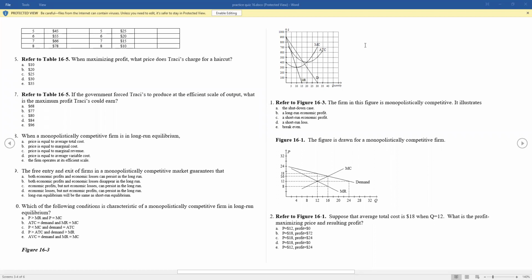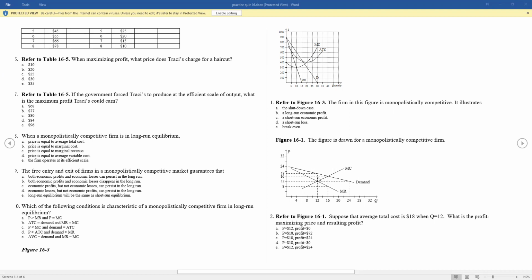All right, then the next one is figure 16.1. The firm is drawn from a monopolistically competitive firm. Suppose the average total cost is 18.